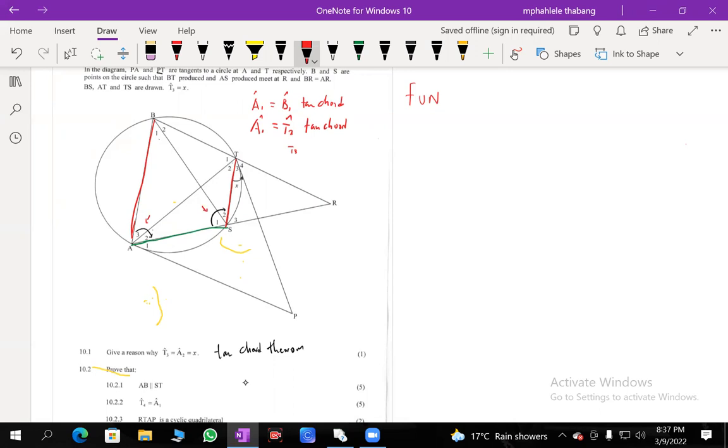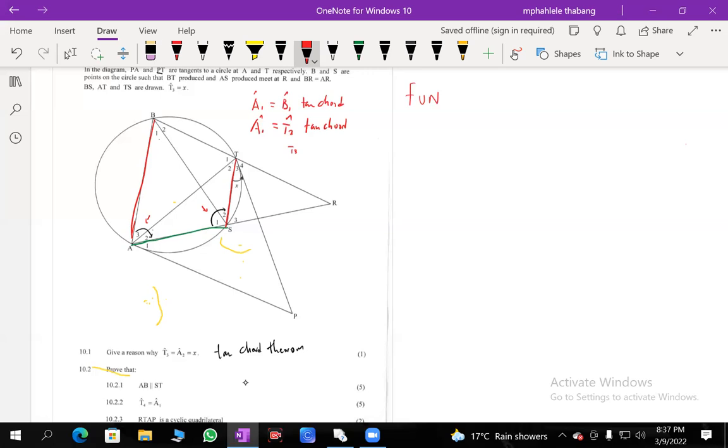You can see this is a C shape. So once A3 and A2 added with S1 and S2 add up to 180 degrees, we say therefore AB is parallel to ST, because angles A3 and A2 and angles S1 and S2 are co-interior angles in that case.